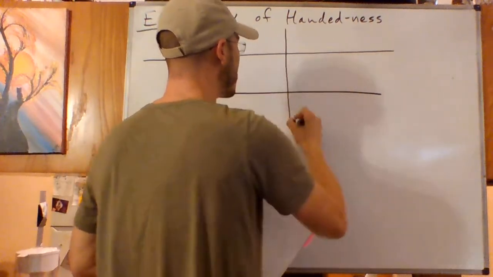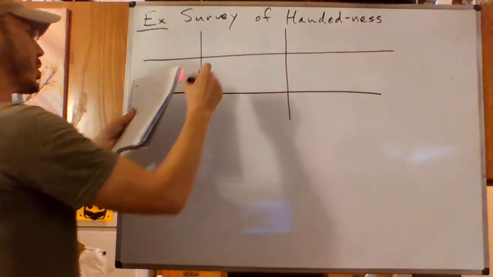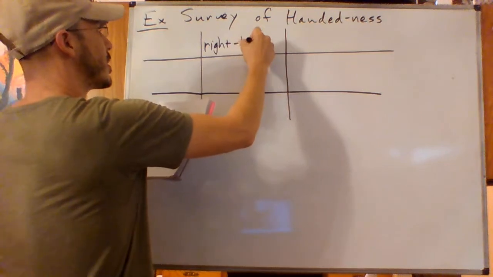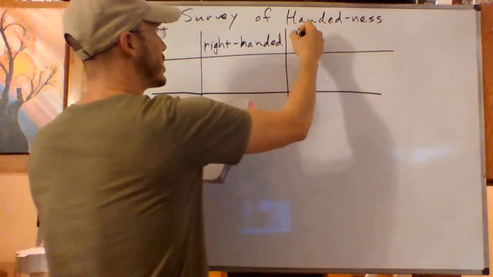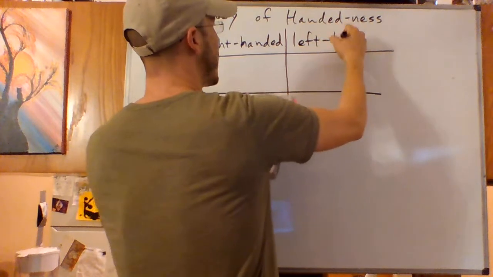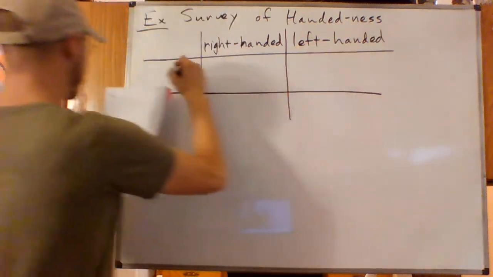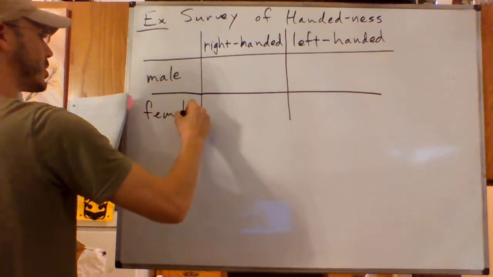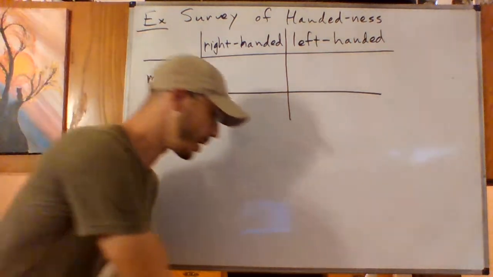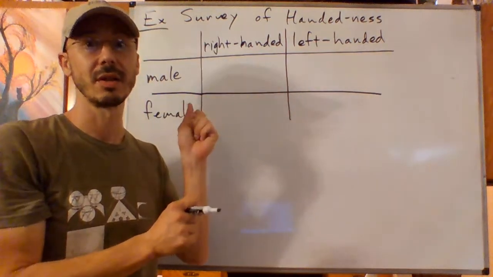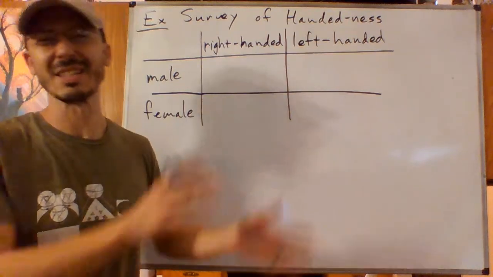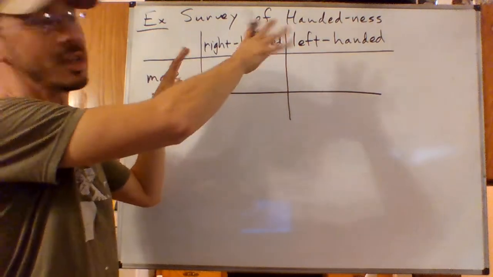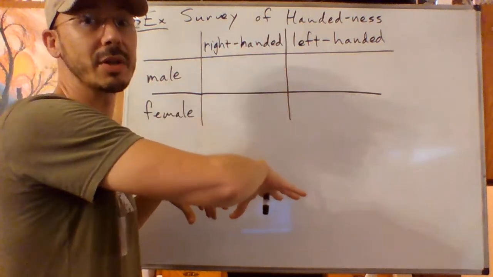The data is going to fit in the middle, but we're going to look at right-handed and left-handed and male and female. So these are 2 characteristics that each individual has. It's a simplified situation. I know some people can use both hands and some people are intersex, but this is for the purposes of our probability experiment.